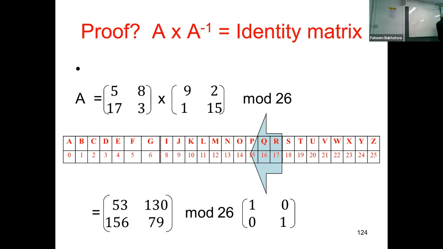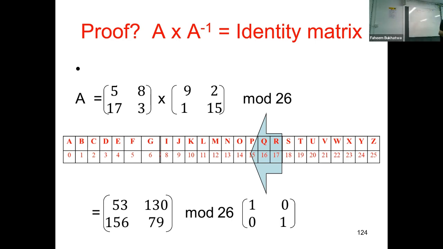You will have to work out the inverse of this matrix, but for now we have it: 9, 2, 1, 15. This is the inverse matrix used to decipher the message. You multiply it into the numerical value of the ciphered message, 20 and 4 here, and mod by 26. Whatever result you get is modded by 26.